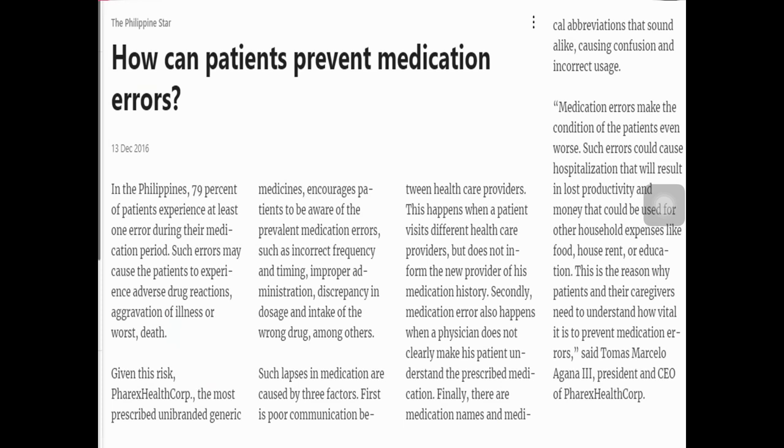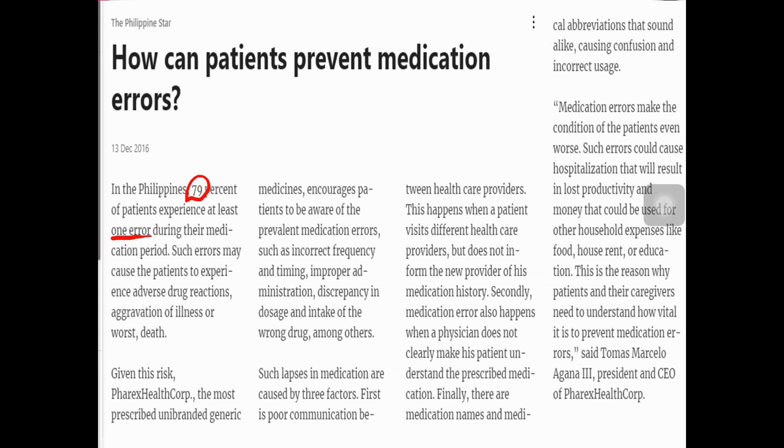So, in this article, it is stated that 79% of the patients experience at least one error during the medication period. Such error may cause the patient to have ADR, aggravation of illness, or death. A simple ADR, such as anaphylactic reaction, could lead a patient to death. That's why simple medication errors should not be neglected.